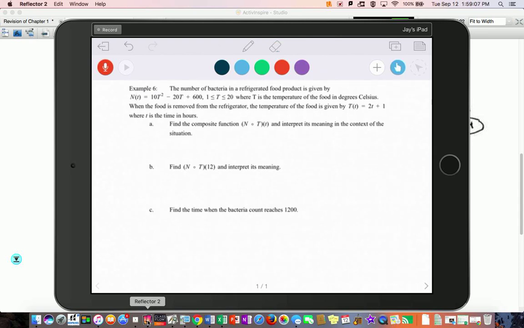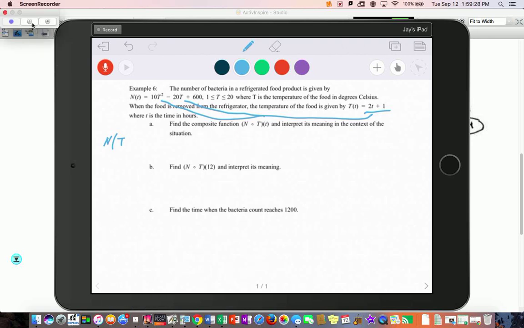So in this last example, we're going to do the same thing. We're going to go ahead and take the 2t plus 1 and bring it all the way over here, put it in there, and in there. So when we keep going, t of t is going in.